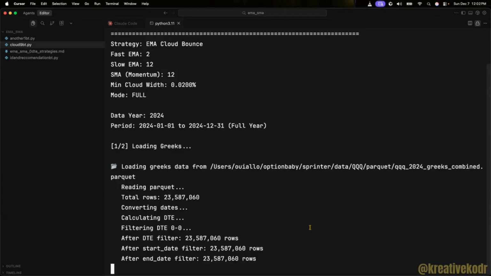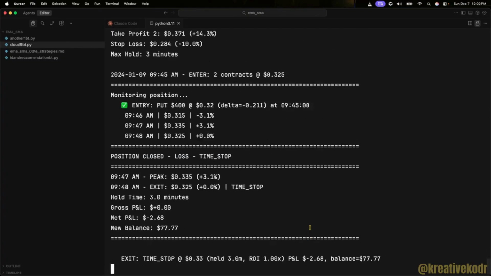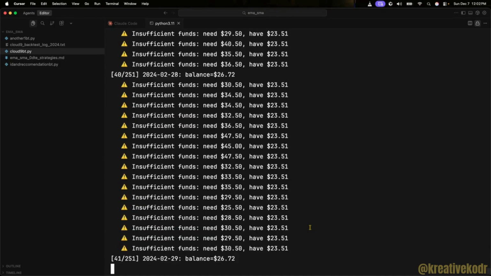And it has to be able to understand how it works. Okay, here we go. All right, it's pre-indexing the data for faster lookups. Just a few more moments. It's vectorizing the back test so it can put it in an array. Okay, here we go.